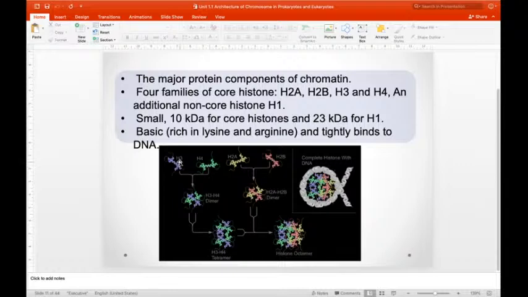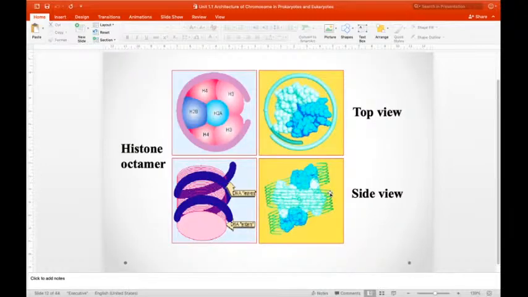So your H3-H4 tetramer plus H2A-H2B dimers come together and act as a whole, the histone octamer. Remember this part. You can see that at one side DNA enters, and at the other side it leaves. This is the top view, and this is the side view of the same.